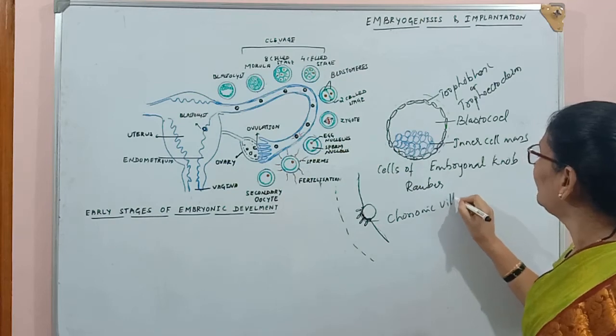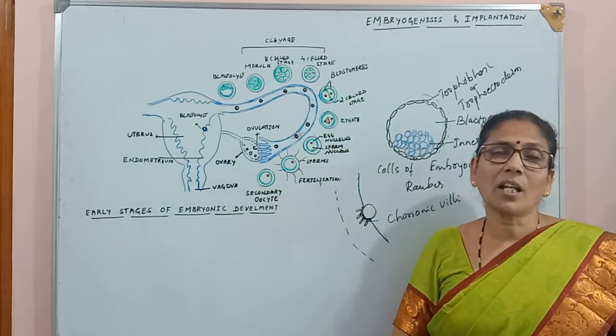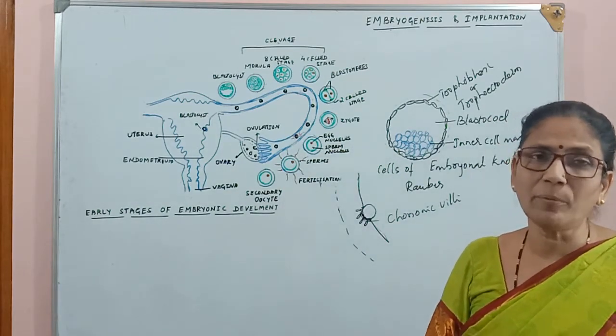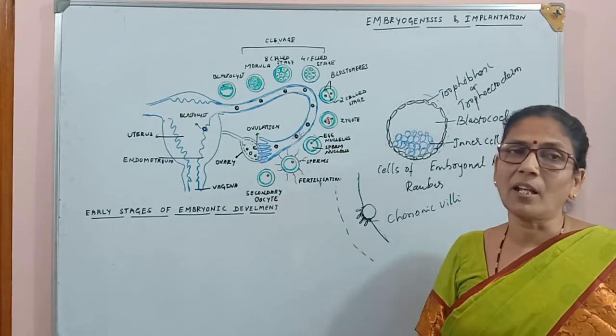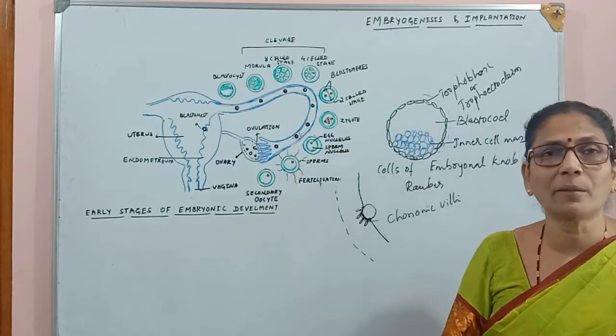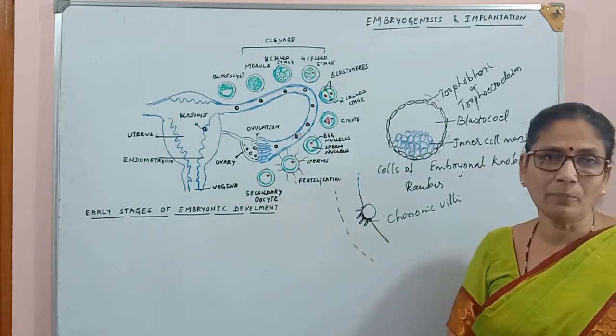Chorionic villi are helpful for penetration of the blastocyst into the inner membrane of the endometrium, and also for the absorption of nutrient material from the endometrium wall.